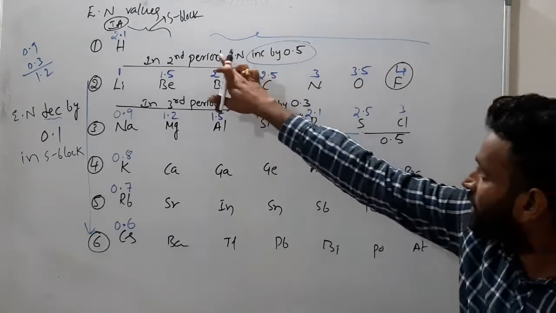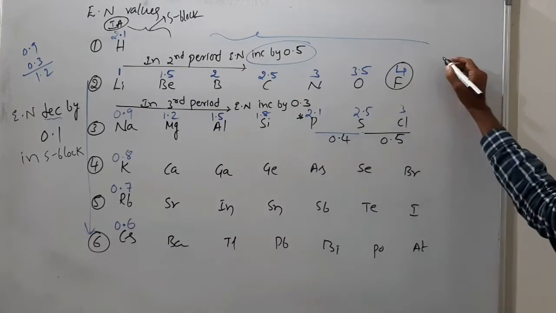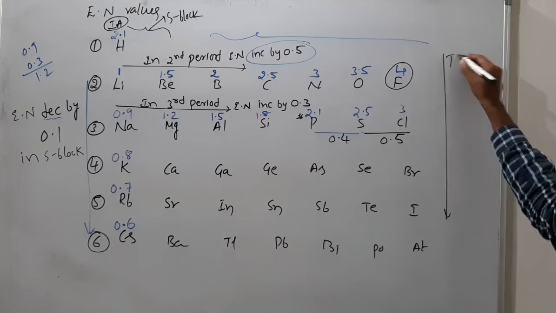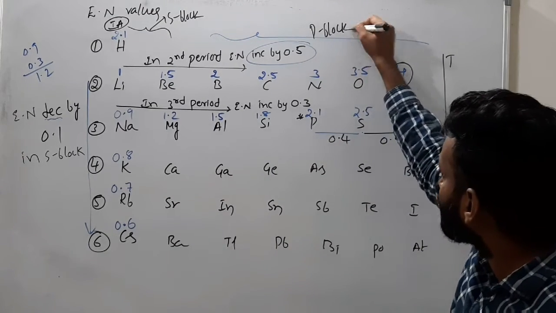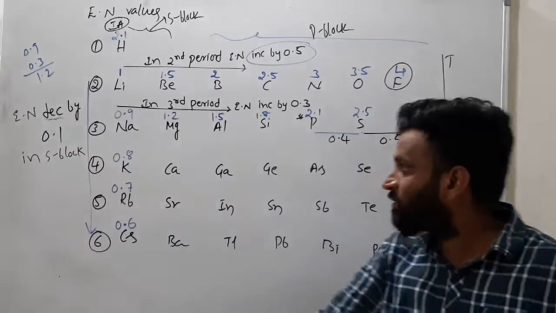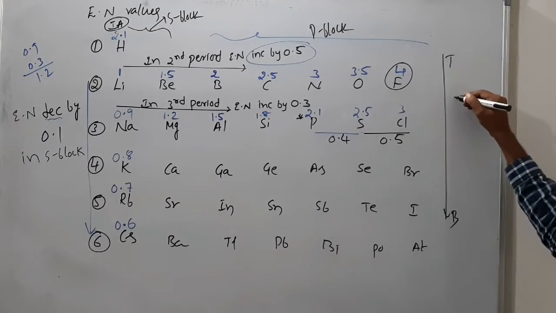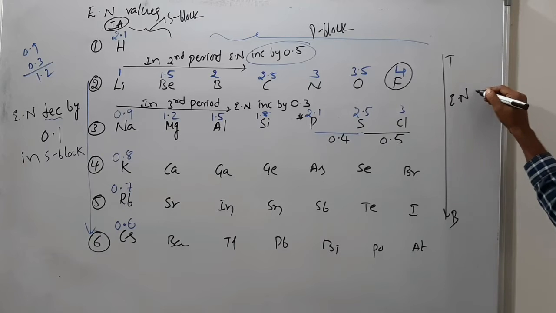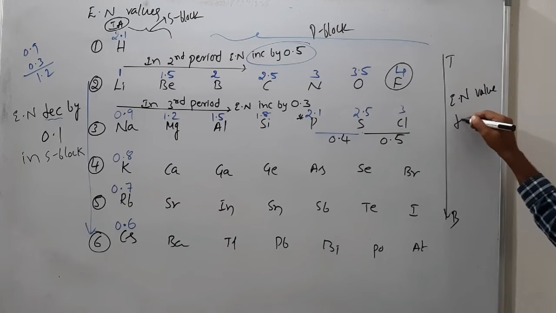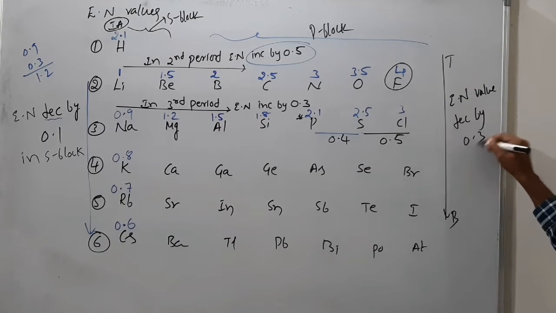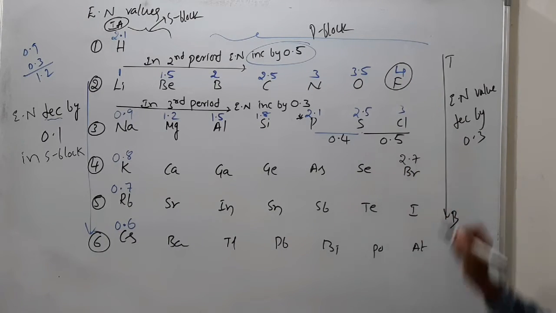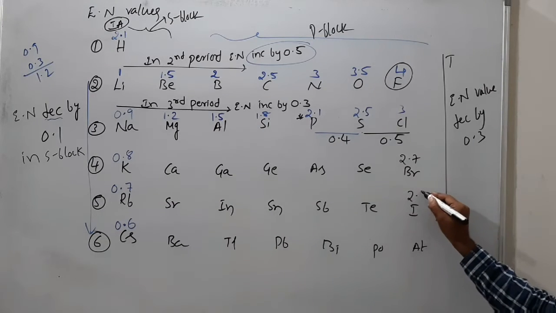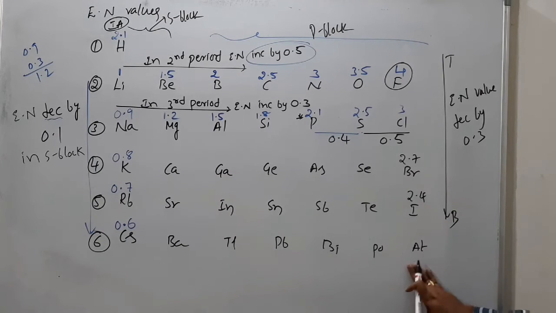So in these, from boron family to fluorine family, in S block, from top to bottom, in S block you are decreasing by 0.1, but in P block, top to bottom, electronegativity value decreased by 0.3, just enough. 4, it's 3, so it's 2.7, so it's 2.4, like that. It's not required as studying.